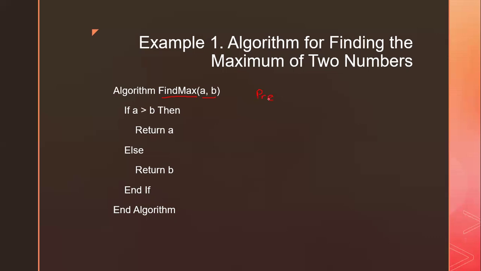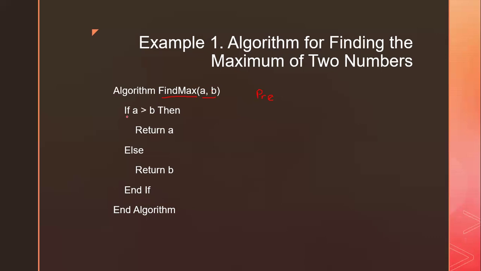Your precondition basically says the things that I already have in my algorithm. So our preconditions are that we should have A and B. Our postconditions, or our output, is that we are supposed to get the biggest number between A and B. That's basically what an algorithm talks about.